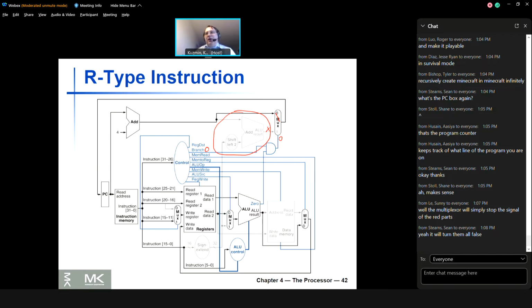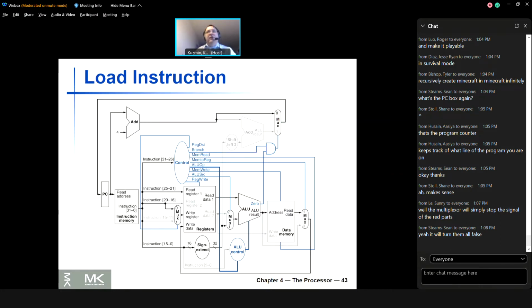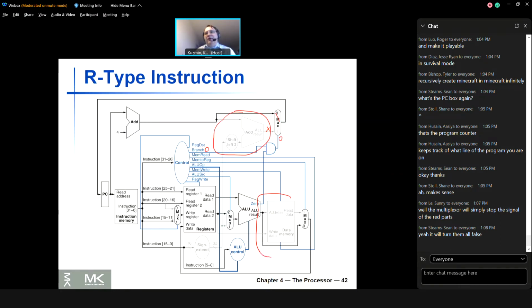Similarly, if you look at other grayed out components, we have memory. Why is it grayed out? Because we know R-type instructions do not work with memory. They only operate on values that are read from the register file. So registers are not grayed out, but data memory is because it's not used.